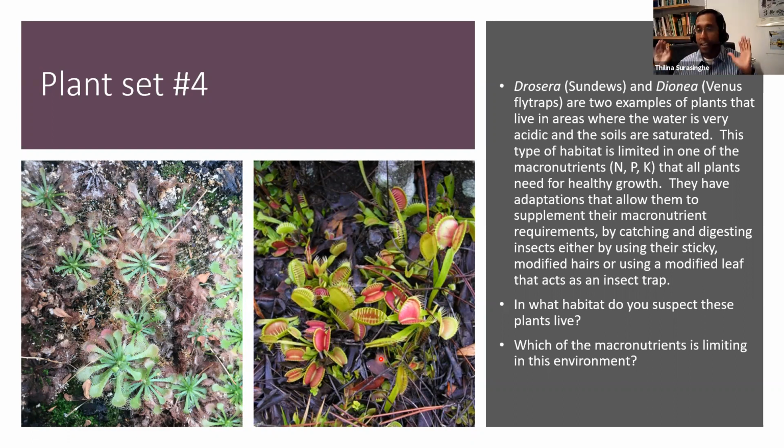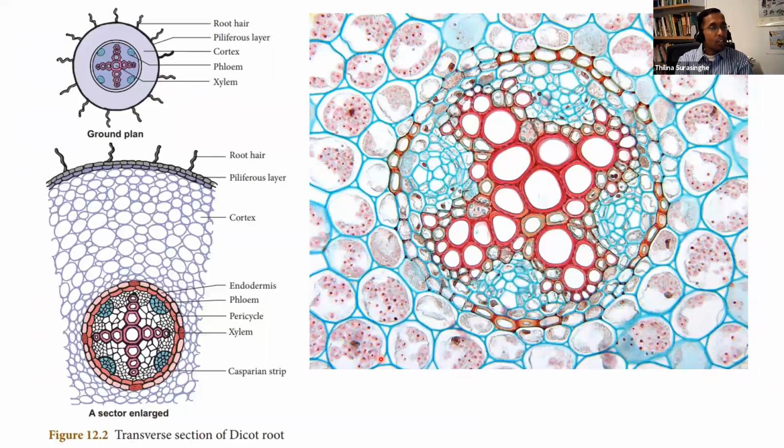So for complete decomposition of vegetation, you need aerobic respiration and microbial activities. With waterlogging, you don't have enough oxygen for complete decomposition. That's another reason why bog soil or bog substrates are so nutrient poor, right? Good.